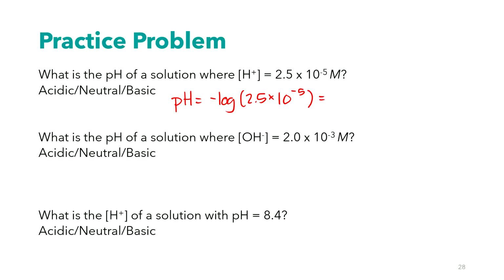When I punched this in, I calculated that it's 4.6. That's less than 7. This would be acidic, right? I could have gotten that it's acidic right off the bat looking at that H plus. That is a value greater than 10 to the minus 7th molar, so I know I must have had an acidic solution. All right, so do these two other examples here.